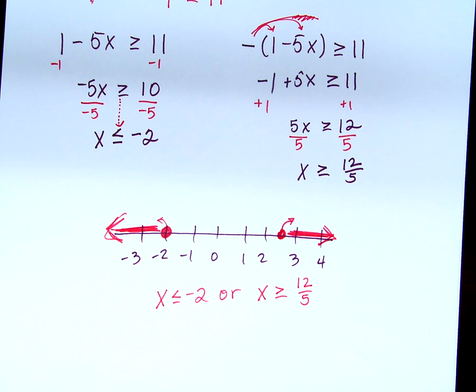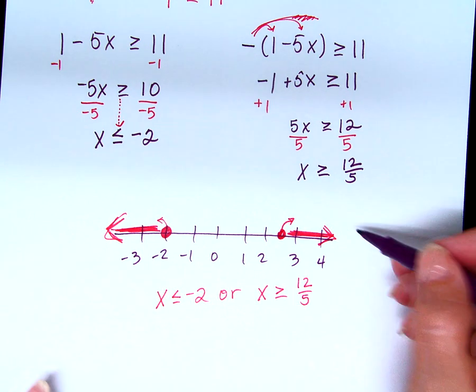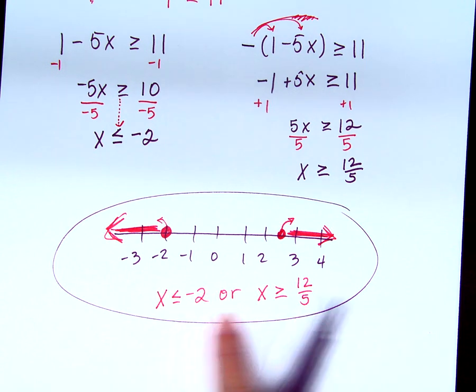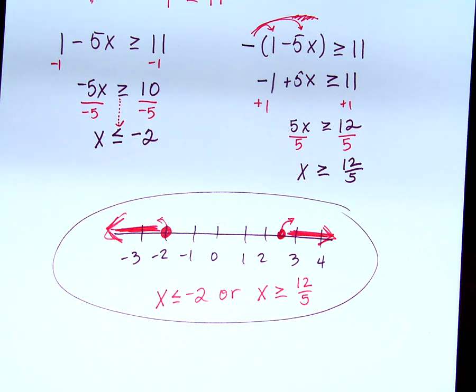Because there are no numbers that are less than -2 and greater than 12/5, I can't write it as one inequality sentence. Does that make sense? Okay? So if I ask you to circle your answer, what would you circle? The whole thing right there. That is your answer. The graph and the sentence. Does that make sense? Okay.